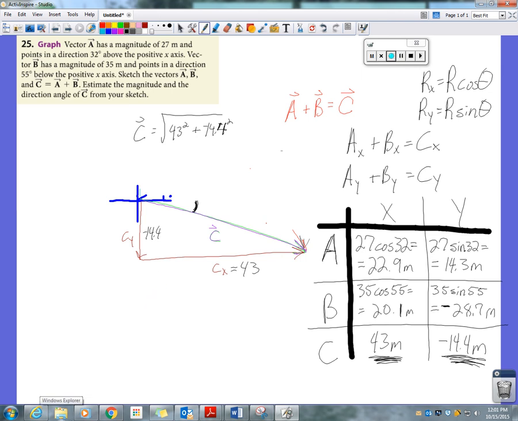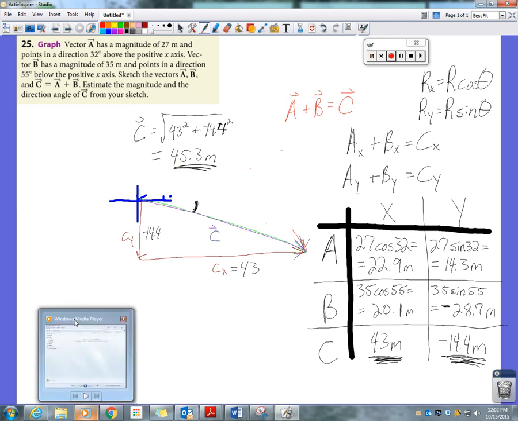So quickly solve that. That gives us a final magnitude of 45.3. And always double check to make sure it's a realistic value and that it should be the longest side, and it is the longest side, and it definitely seems realistic. So that's our magnitude.